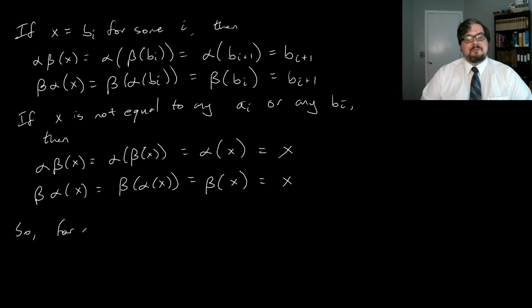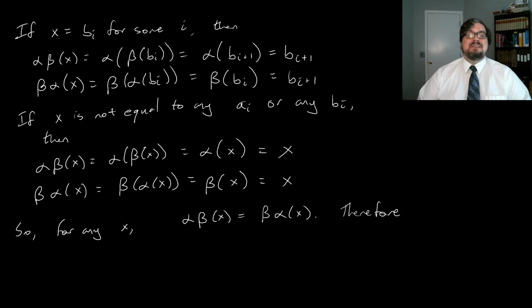So this means that for any x, we have that alpha beta of x is equal to beta alpha of x. But remember that functions are defined by the pairing of their inputs to outputs. Therefore, if two functions are identical no matter what input you plug in, then they are in fact the same function. So therefore, alpha beta equals beta alpha.